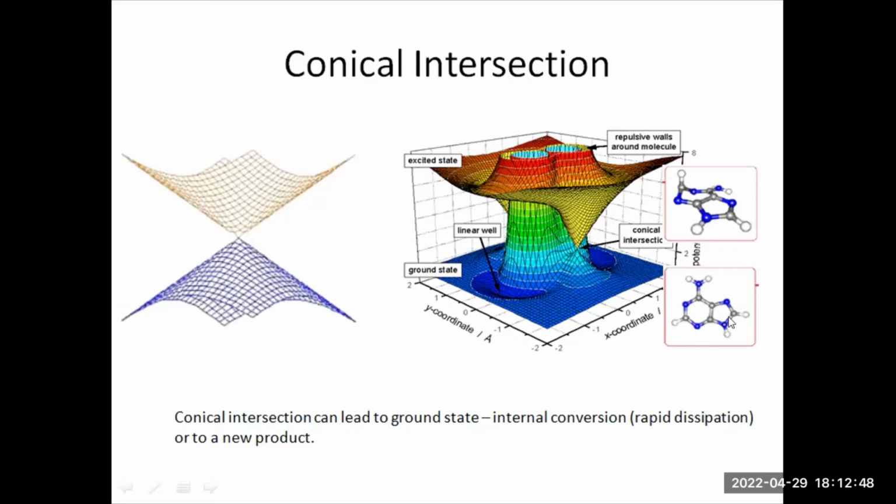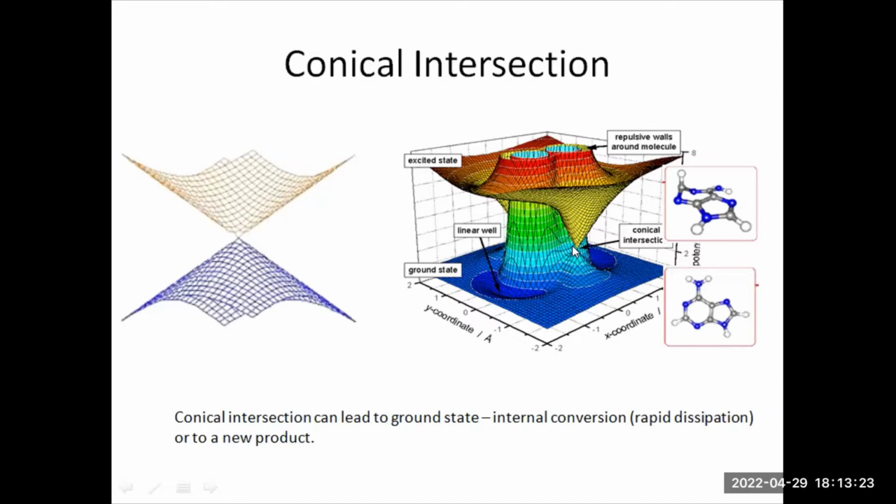So we know this is adenine, it's planar in its electronic ground state, but in its electronic excited state, the minimum corresponds to this coming out of plane of this carbon atom. So this carbon atom here comes out of the plane, and that gives us a different vibrational spectrum. So it can go to lower vibrational spectrums, and they can actually intersect with the vibrational spectrum superimposed on the electronic ground state.